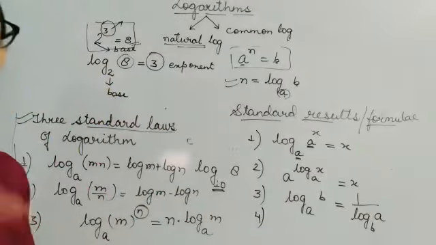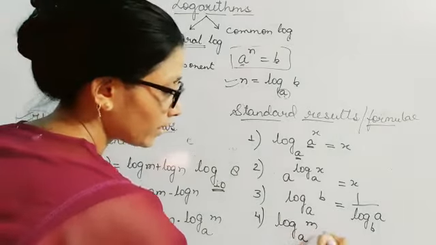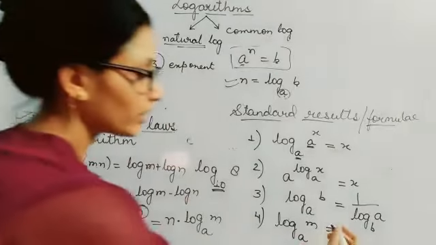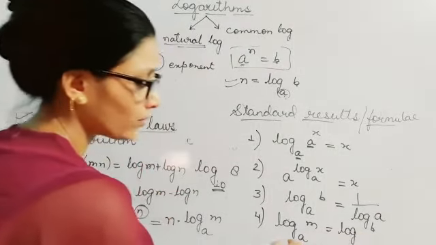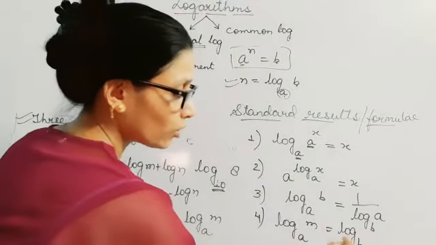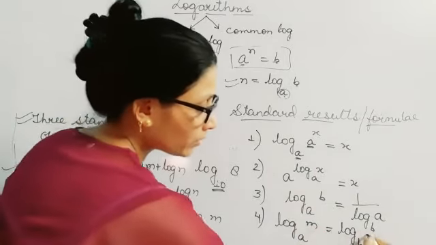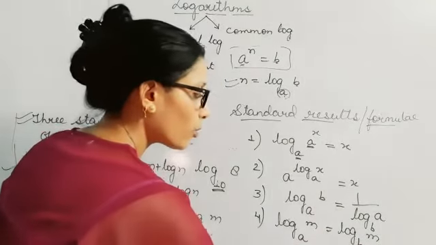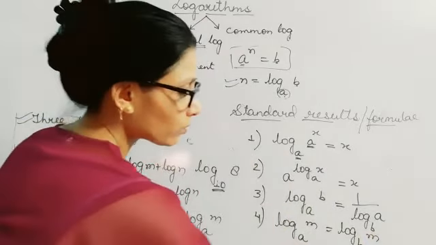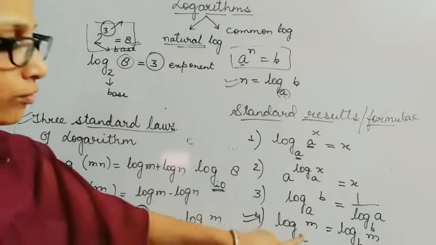Fourthly, if you are given log of m to the base a, and you want to change this base to some other base, let's suppose b, then this can be written as log of m to the base b upon log of a to the base b. The result is written over here as it is, upon log of the old base with the new base b. So this is again an important formula or result for changing the base.